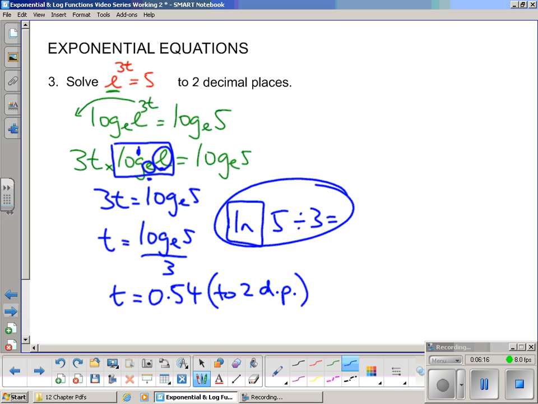It's a longer one, but I'll cut to the chase there and round it for you. When we round anything, technically we should put approximately equal to, because it's not equal to that anymore because we rounded it off.